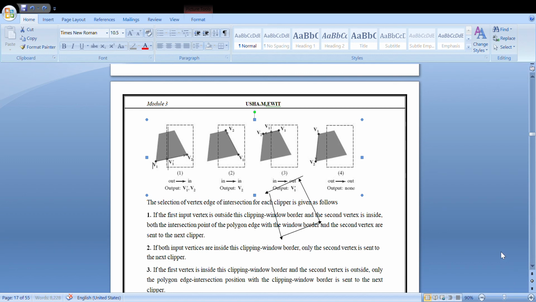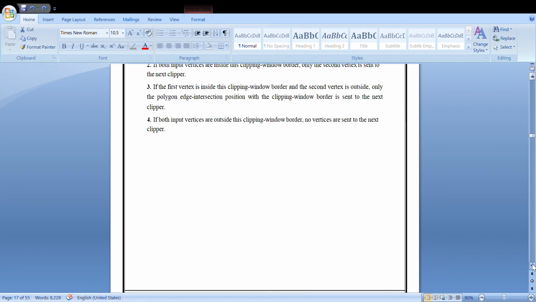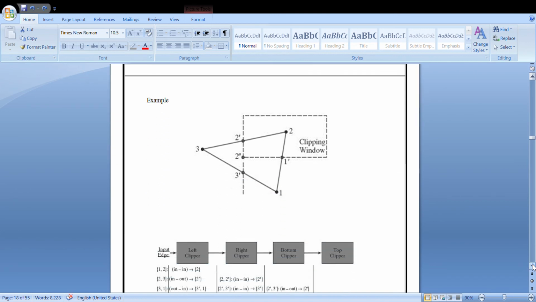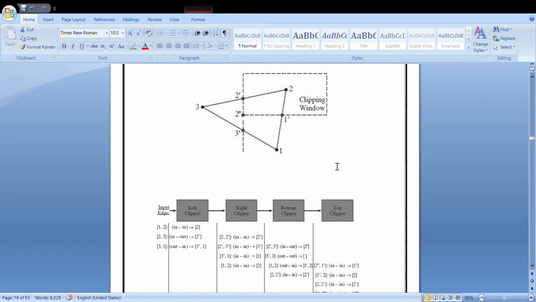So just take this example. So this is a triangle now. Clipping window is shown with dotted lines. So there are only three vertices initially. We take them as 1, 2 and 3. So let's start with the left clipper.